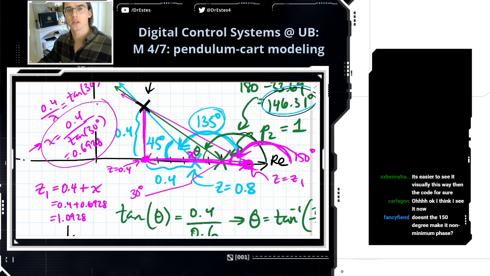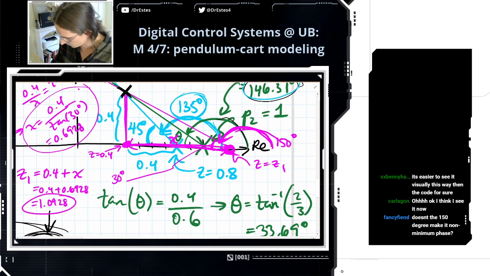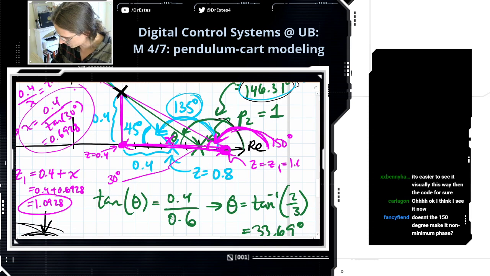But I'm just showing an example right now that some of these controllers that you might come up with, you may find that it doesn't place the closed loop poles in a totally desirable place. Okay, but don't worry about that yet. Okay, so 1.0928.